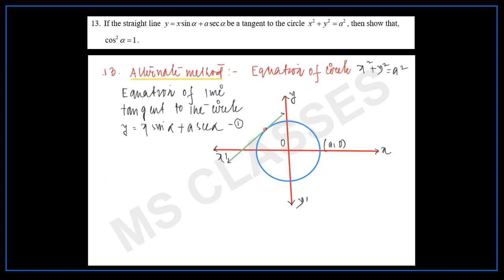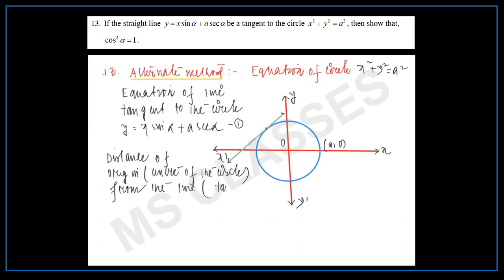Since it's a tangent, the distance of the origin from the line should be equal to the radius. Write down: distance of the origin, or center of the circle, from the line tangent is equal to the radius.